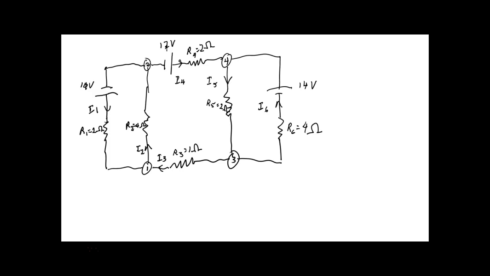Well, but the 14 volt would be pulling this way and the 10 volt pushing this way. So that's why I said they've got more resistance. I'm open to this being wrong, but it's okay if it's wrong. It'll just show up as a negative current, and then we just say, oh, it's going in the wrong direction, so we'll turn it around.